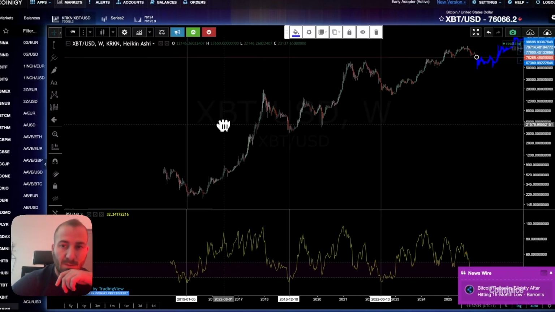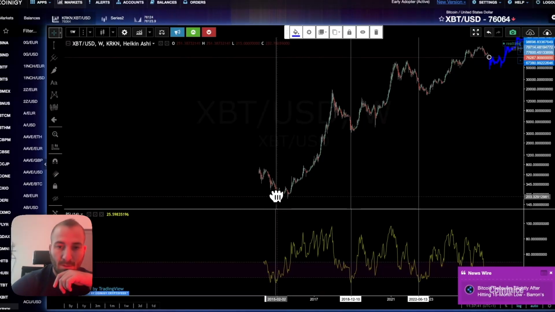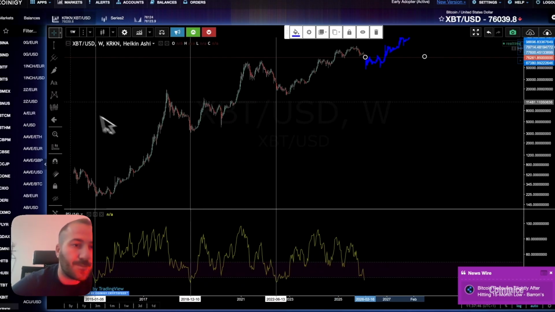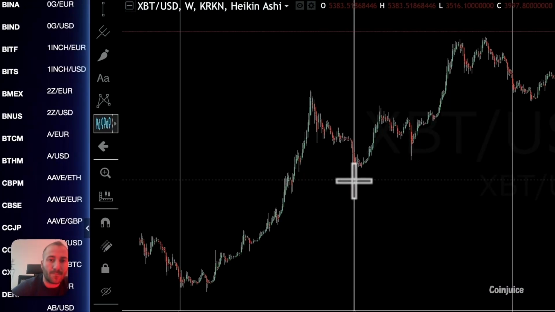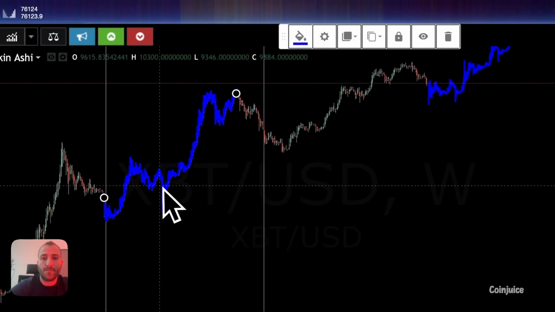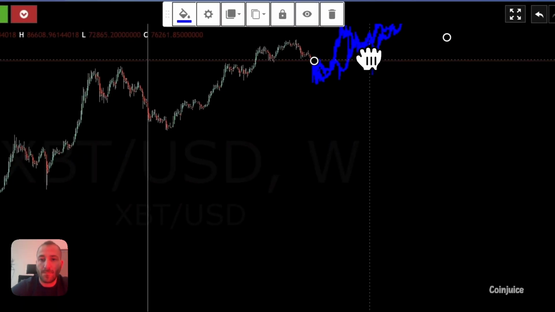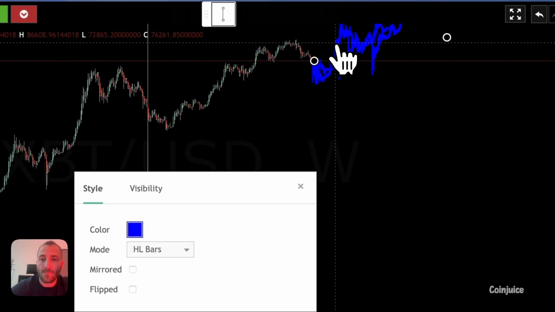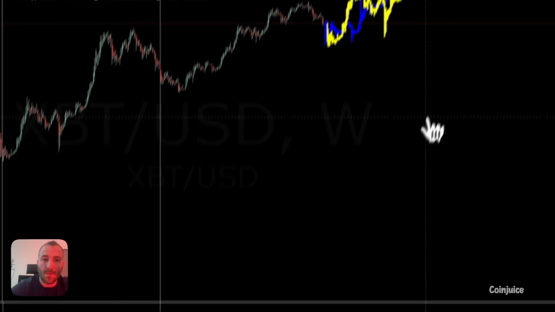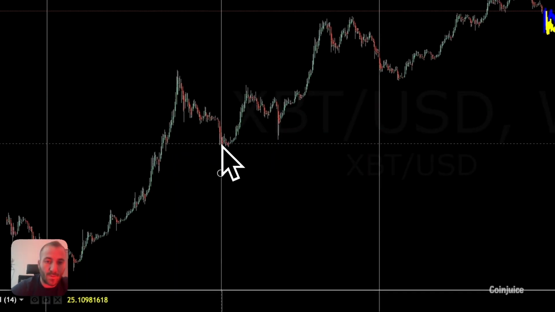So this is 2000, the blue is 2015. The yellow is 2018.